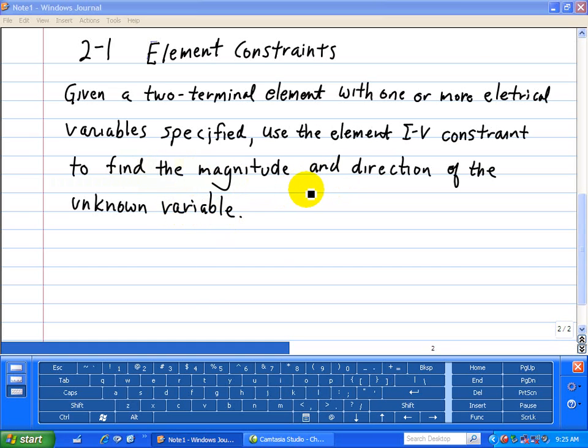So there is a relationship, sometimes linear, sometimes nonlinear, associated with the device, what we call the IV characteristics. So let's say we have a voltage and current reference marks for a two-terminal device.